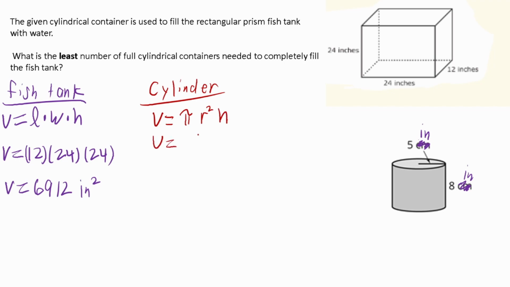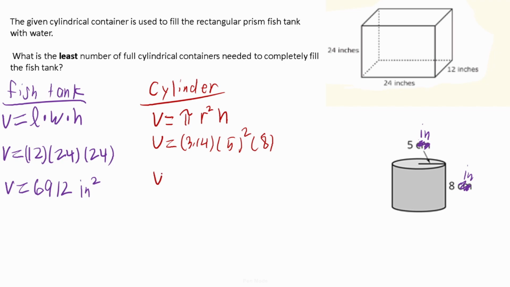We get 3.14. My radius is 5. My height is 8. So once again, let's plug it right into a calculator. 3.14 times 5 squared times 8. Click enter and we get 628.